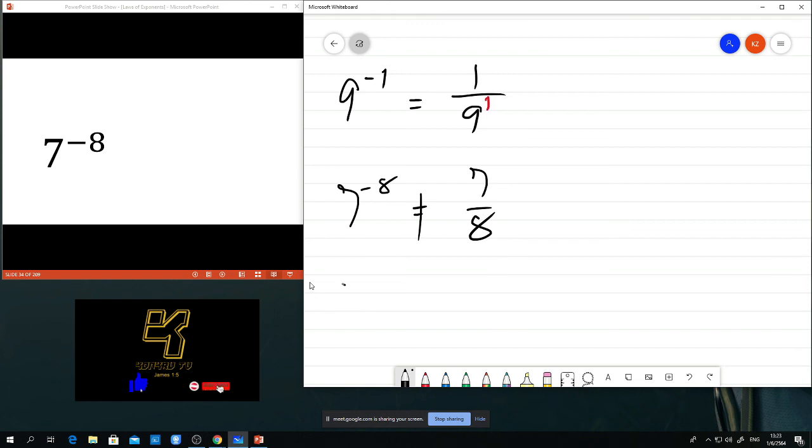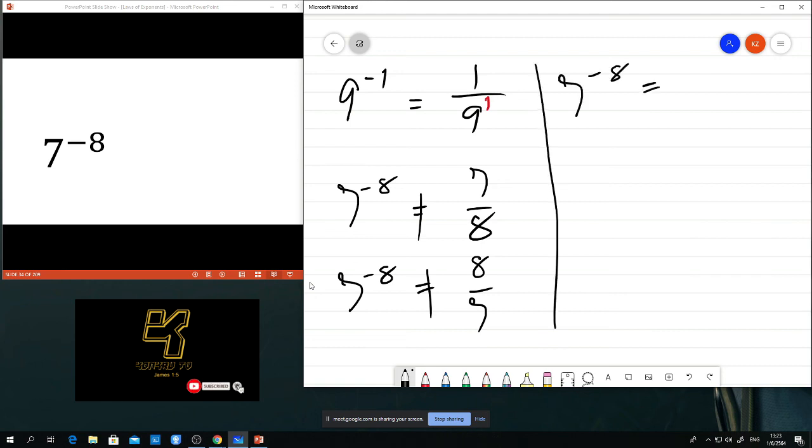And some students do the opposite, 8 over 7, which is also not correct. The correct one, 7 power of negative 8, is 1 over the whole thing, including the base and the exponent. So 7 power of 8.